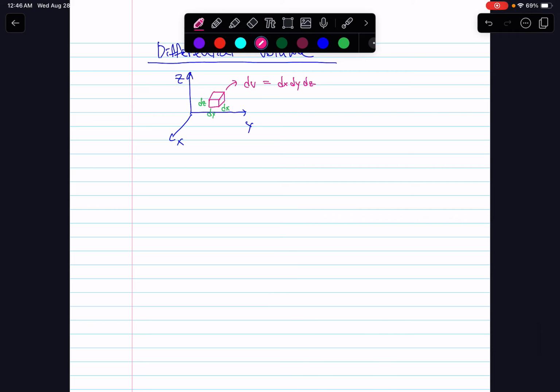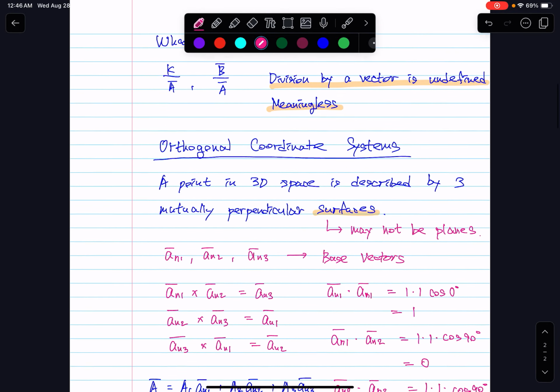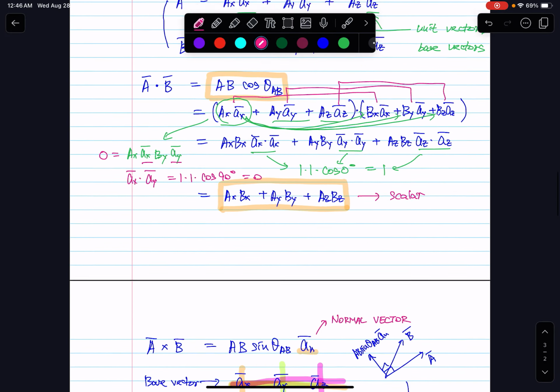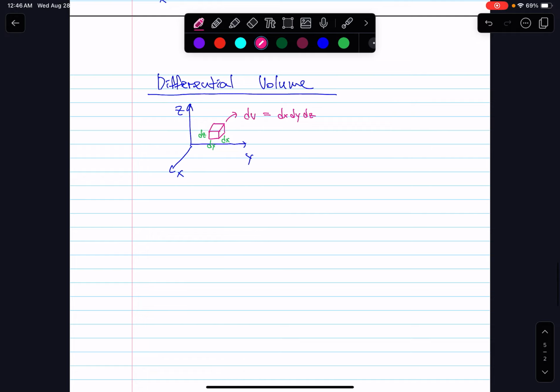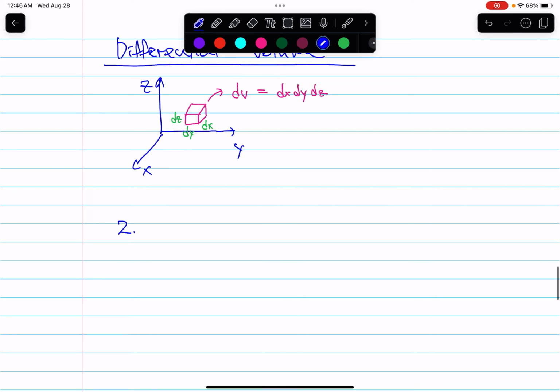Okay, so that's the end of the Cartesian coordinates, and we're going to now move on to cylindrical coordinates. Number 2, cylindrical coordinates.